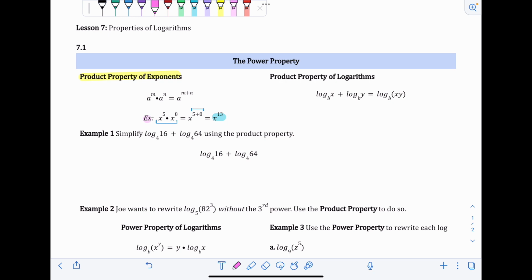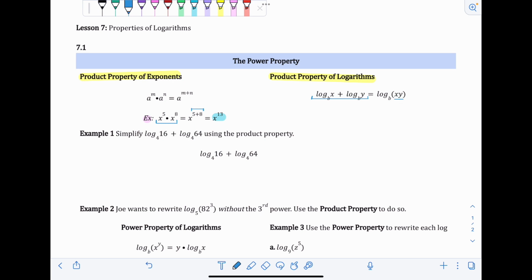Okay, so moving over to the product property of logarithms. These properties play off of each other because logarithms are exponents. It says log base b of x plus log base b of y is equal to log base b of x times y.